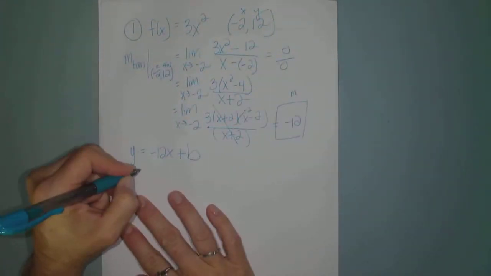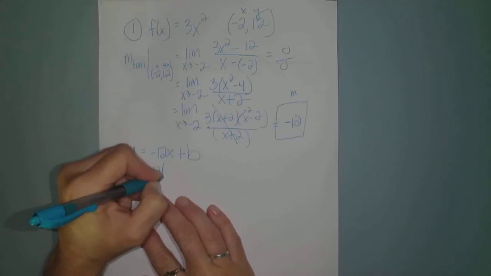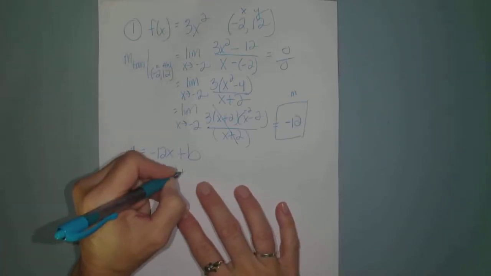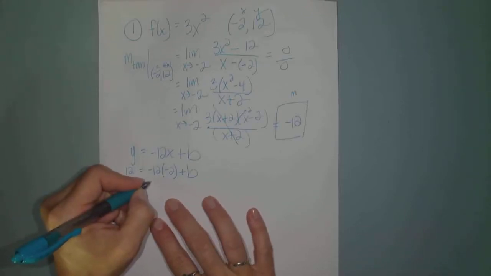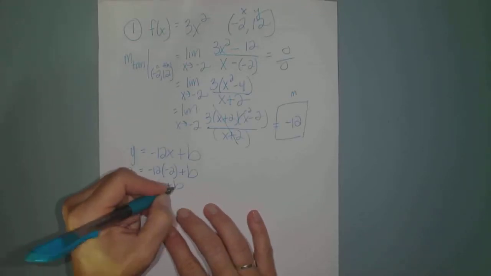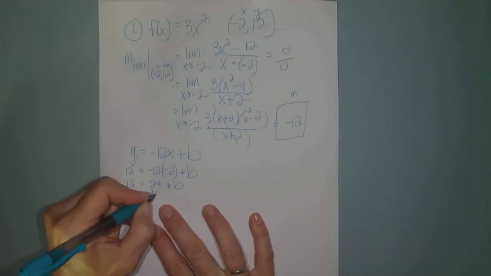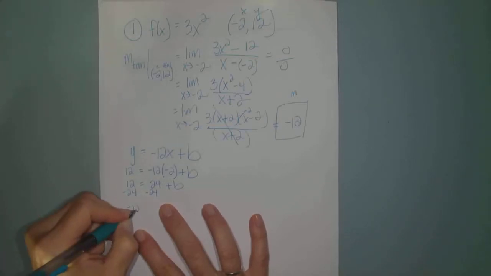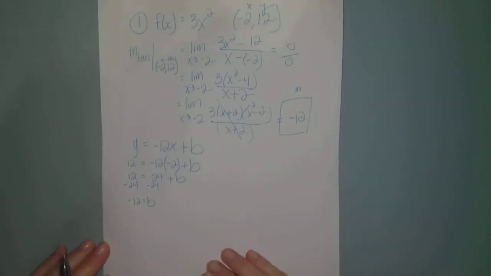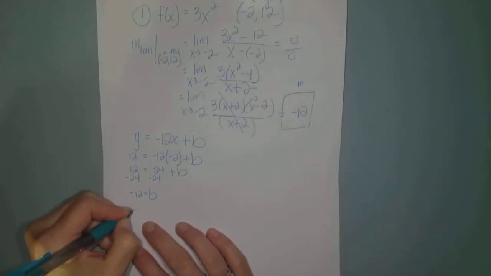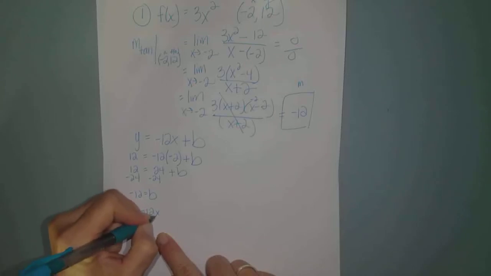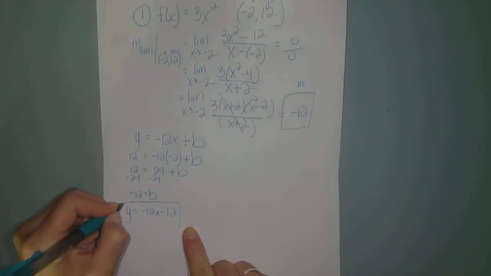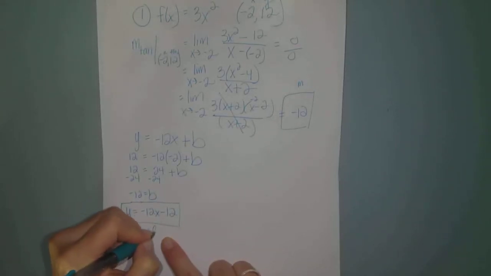So 12 equals -12 times -2 plus b, so 12 equals positive 24 plus b. If I subtract 24 from both sides, -12 equals b. And my final tangent line equation is y equals -12x minus 12. This is the equation of the tangent line.